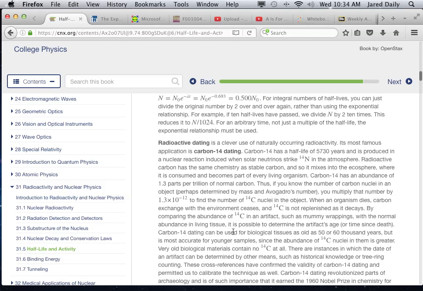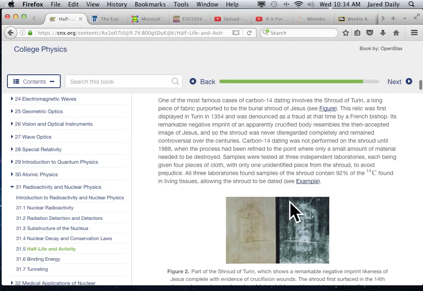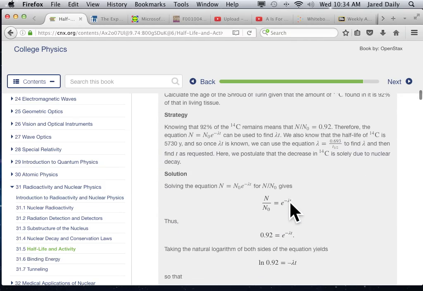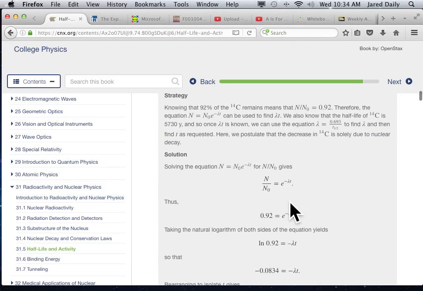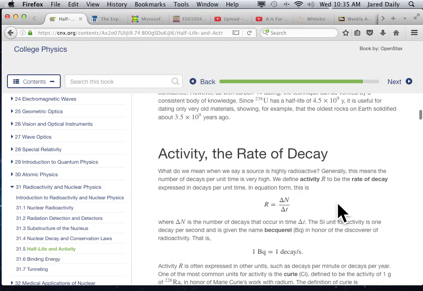So here in this section, we're talking about counts. Every count is a nuclear event or a radiation event. Something comes out and you detect it. That's a count. And the number of counts determines the activity of a substance. More counts, more activity. This activity is given a unit.